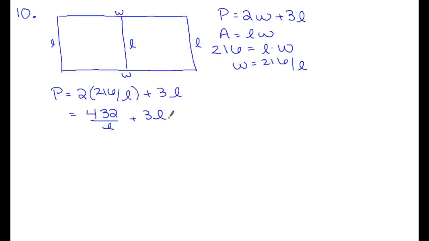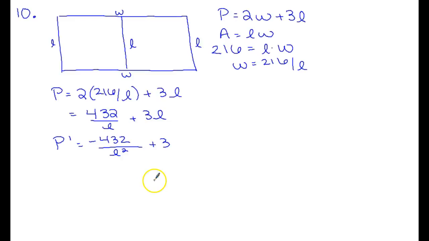So pretty much once you get to this point in all of the optimization problems, whatever you're trying to minimize or maximize is going to involve a derivative. Exactly. So I'm going to find P prime, in this case is negative 432 all over L squared plus 3. And think about the fact this L would be brought up as a negative 1, so that's where I get the negative 432.